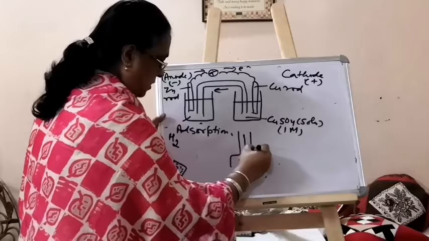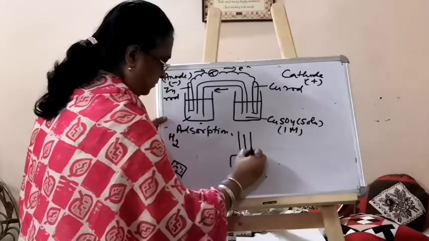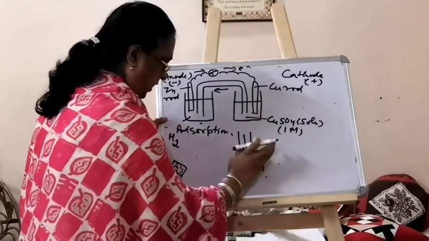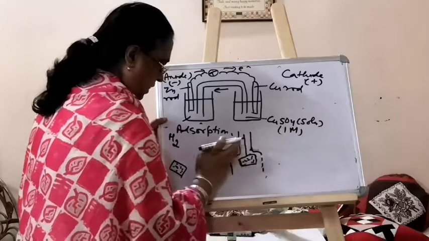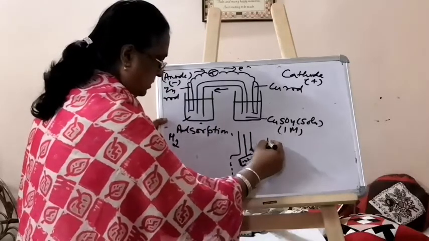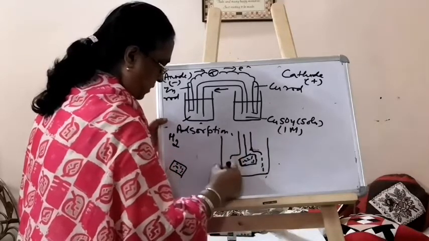It is covered with a glass jacket which is perforated, having holes at intervals on the side wall, and this is kept in a beaker.